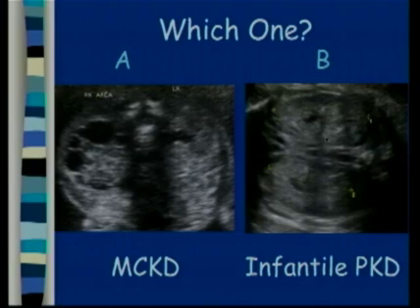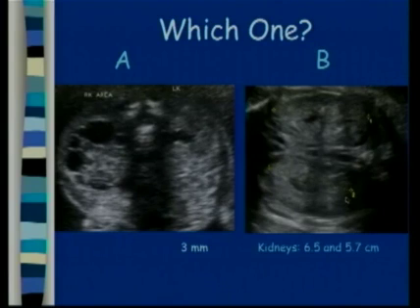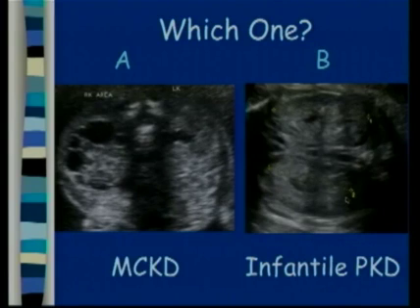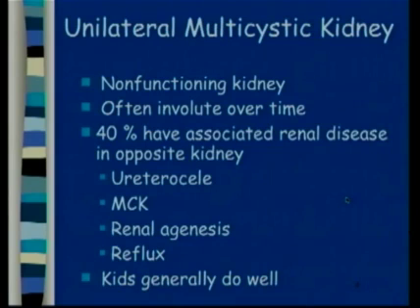The patient in B has large echogenic kidneys, and I think they measured 6 centimeters, wasn't it? About 6.5 and 5.5 centimeters. And that is large for any time in gestation because a normal fetus should have kidneys that measure 4 to 5 centimeters at term. So these are large and echogenic and fairly classic for infantile polycystic kidney disease or autosomal dominant. So let me just tell you one or two things about multicystic kidneys.